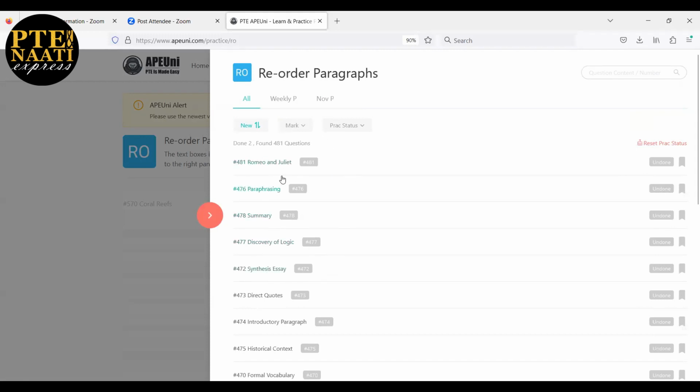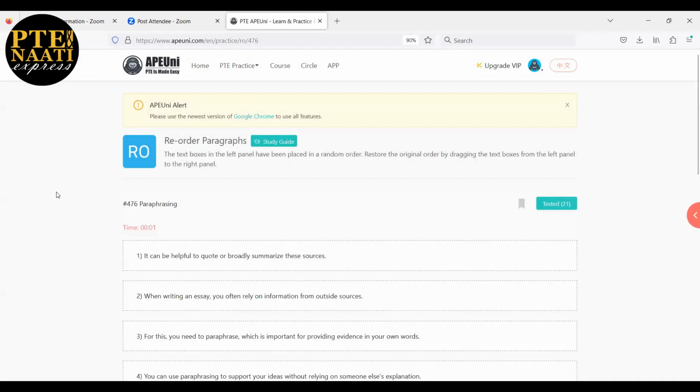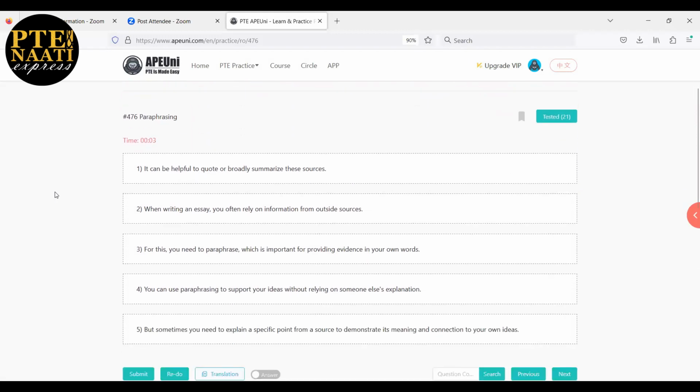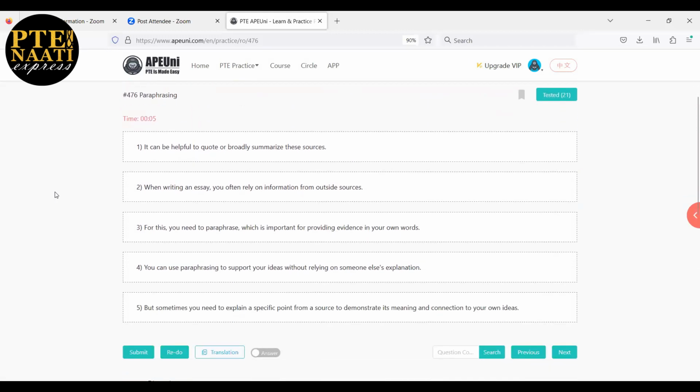Romeo and Juliet, we did. This kind of a work. Check which one should be the full sentence.